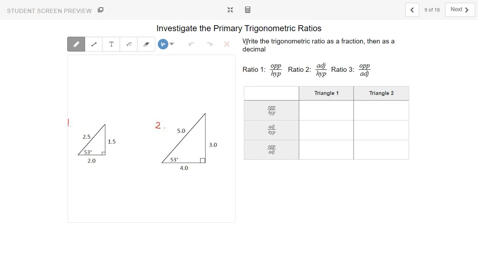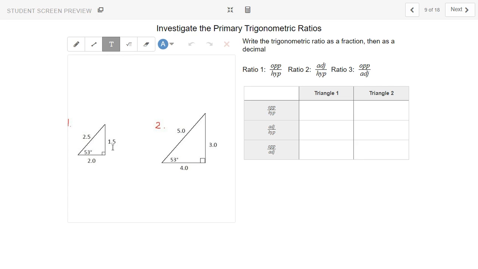What we're going to do is talk about the ratios when we're comparing sides. First, we're going to write it as a fraction and then a decimal. So the first ratio that I'm interested in is to write the ratio for opposite over hypotenuse. Now I'm working with this 53 degrees.